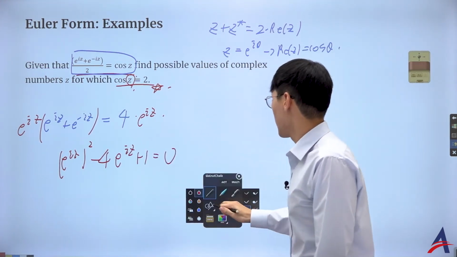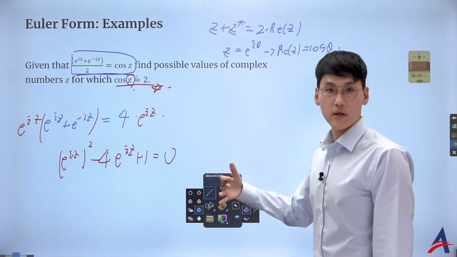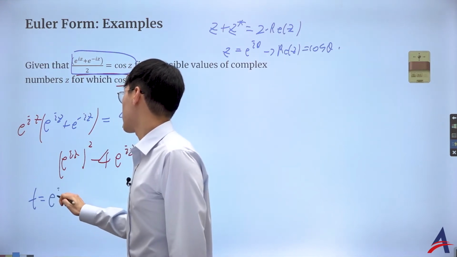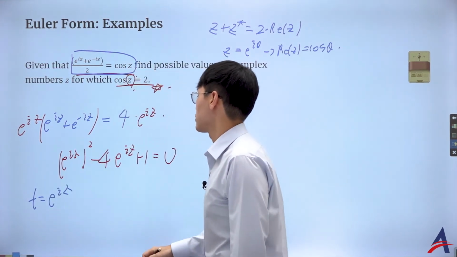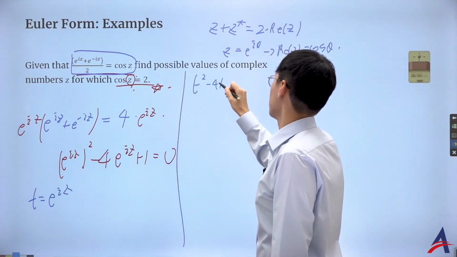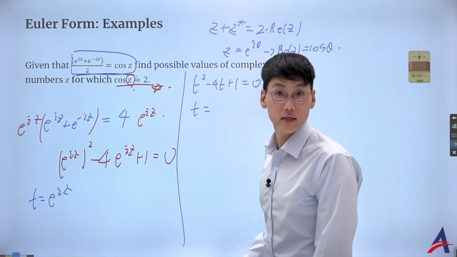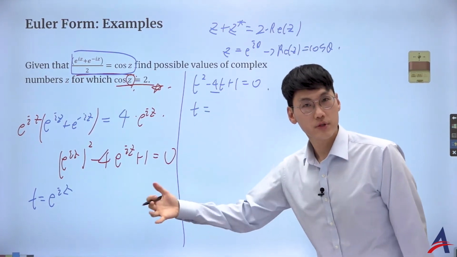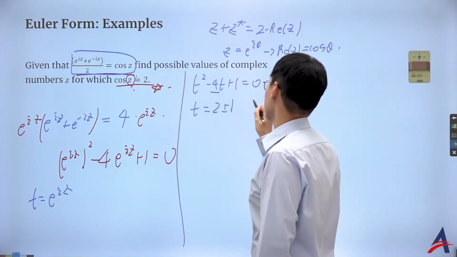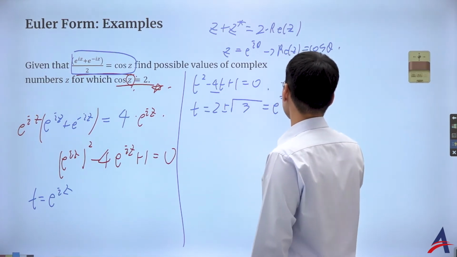So that's lovely. And apart from the complex number, the one that is very familiar here is that it's going to be a quadratic equation, isn't it? So if I make a substitution here, what you get there, my friend, is t squared minus 4t plus 1 is equal to 0. Then I can use the quadratic formula, isn't it? So if it's an even coefficient, please try to use the reduced version. So 2 plus minus root 3. Then that was e to the power of iz, voila.